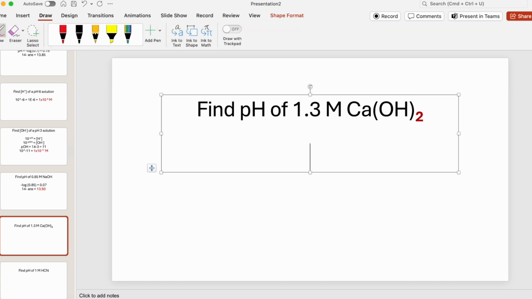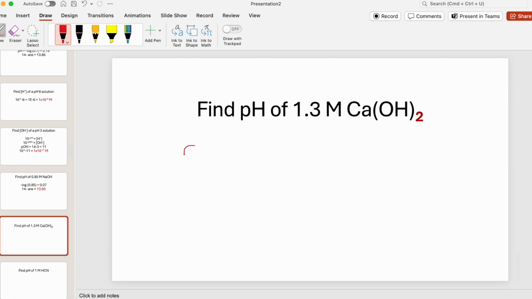So if I draw this real quick, I have calcium hydroxide here, and it's going to dissociate. Ca(OH)2 actually dissociates, fully dissociating because it's strong, into my calcium, which has a +2 charge, plus 2 hydroxides.